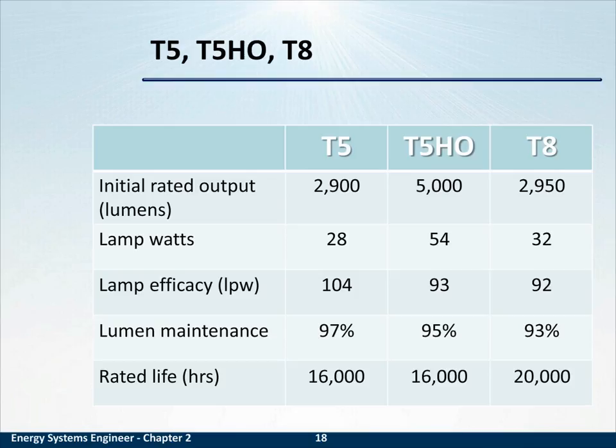For now, what you can see is clearly T5 high output has a higher output, nearly double. But again, nearly double the lamp watts. So the lumens per watt are plus or minus 10% on all 3. Lumen maintenance, plus or minus a couple percent. And rated hours, essentially a wash. We'll look later at why you might choose a T5, a T8, and so forth. But these are the 3 most commonly used lamp retrofits or lighting retrofits.